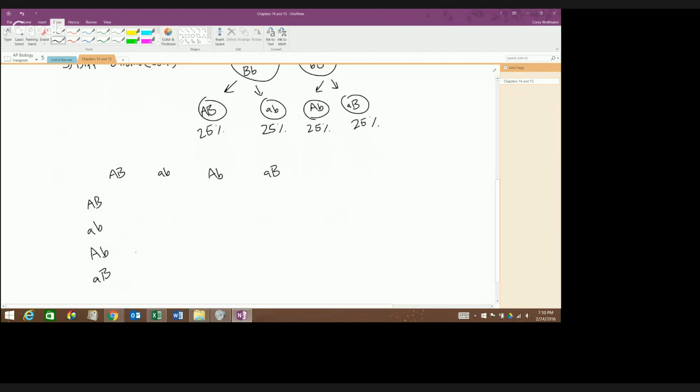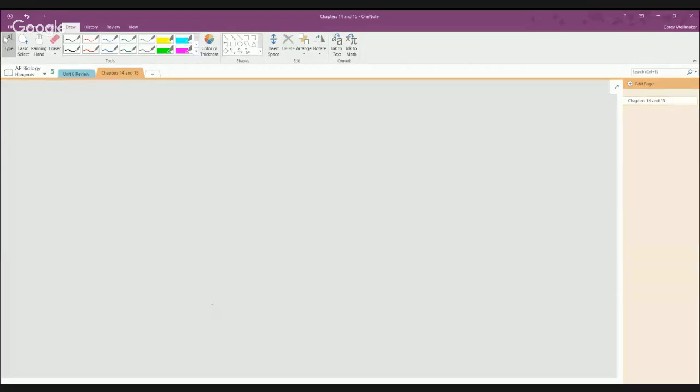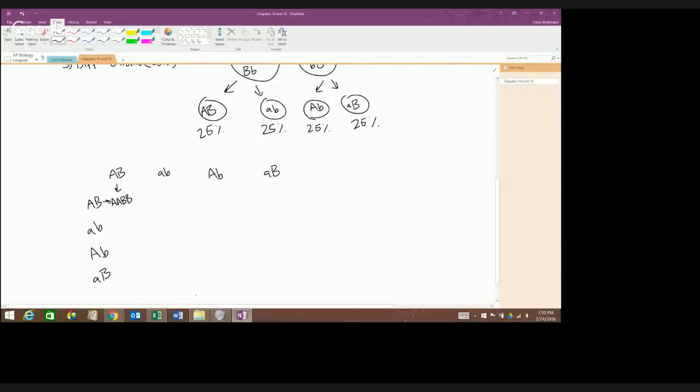And if we were to simulate this fertilization, and I did that 15 more times, I would get big A, little b, little b. So if I did all of those simulated fertilization events, what I would end up seeing is that 9 of the offspring would show dominant for both.